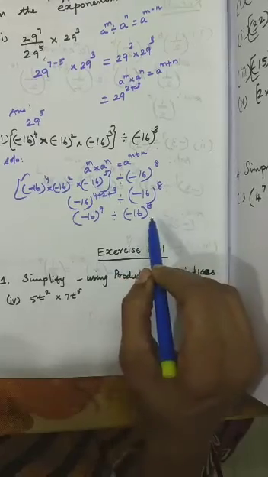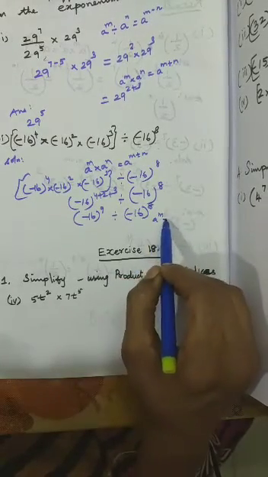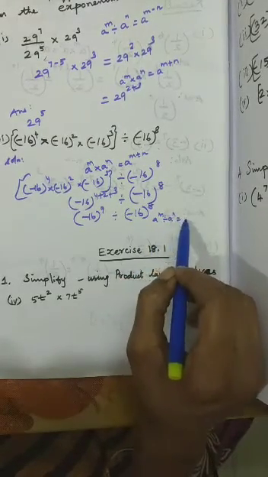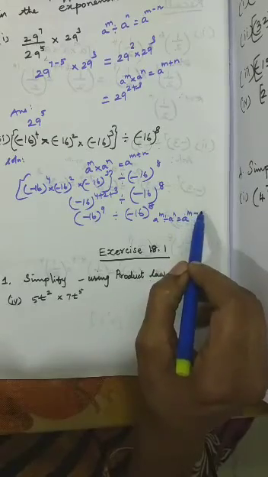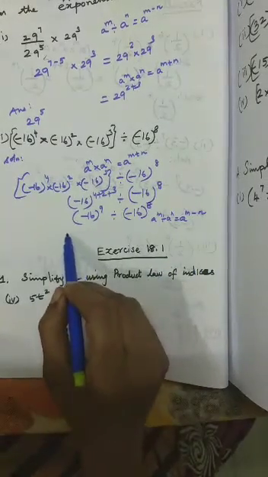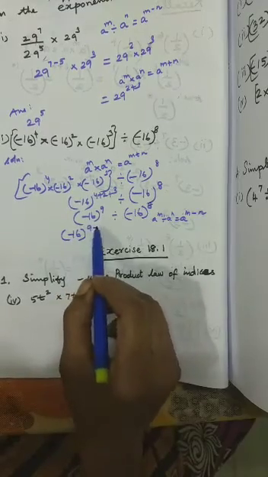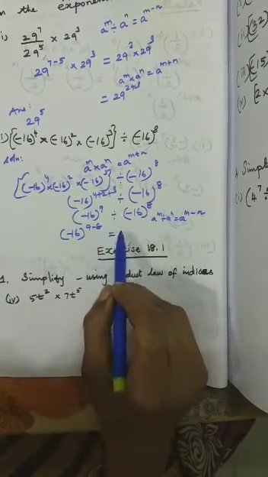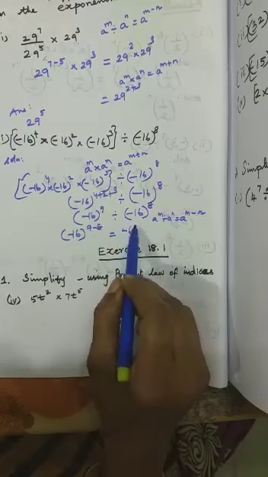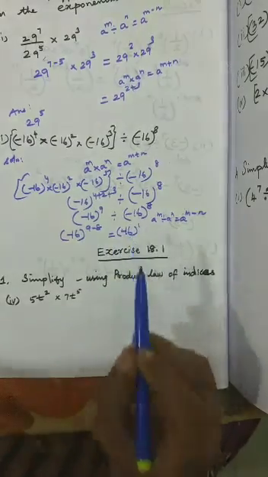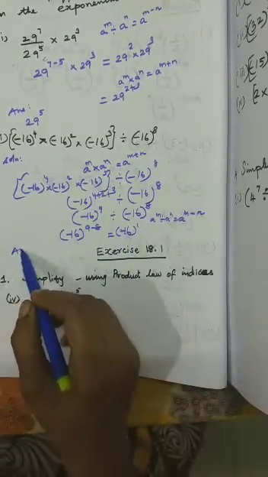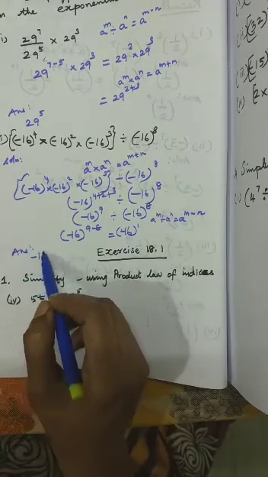Now here the formula is a power m divided by a power n equal to a power m minus n, isn't it? So minus 16 the whole power 9 minus 8 is equal to minus 16 power 1, isn't it? So the answer is minus 16.